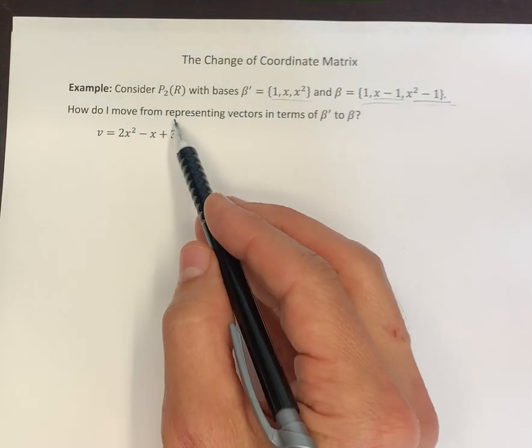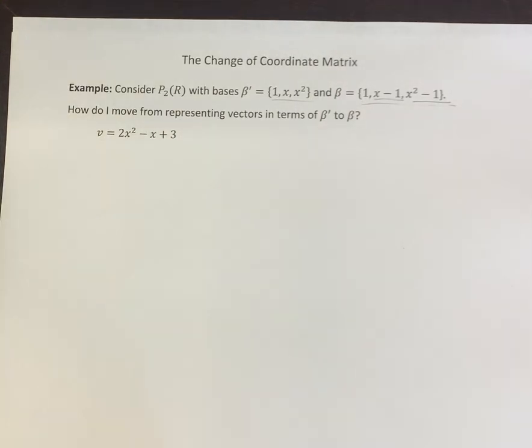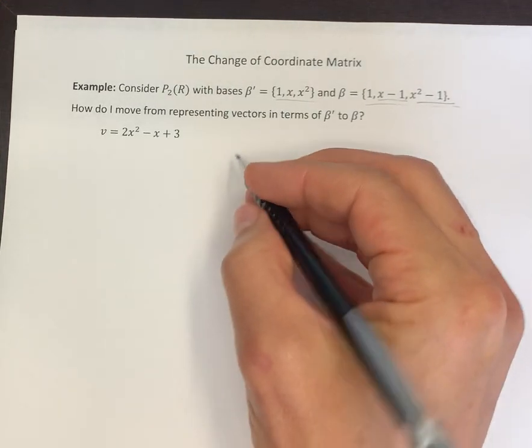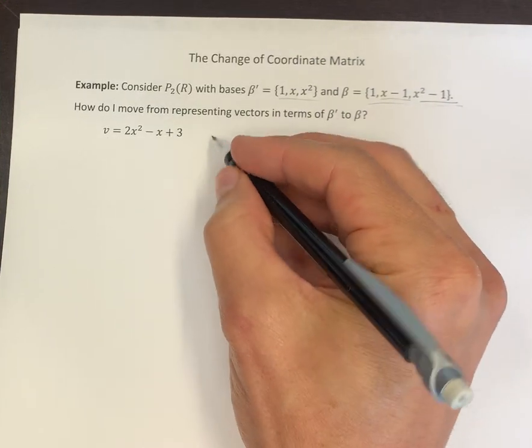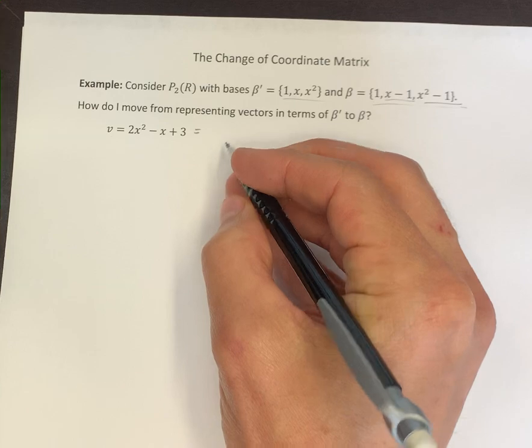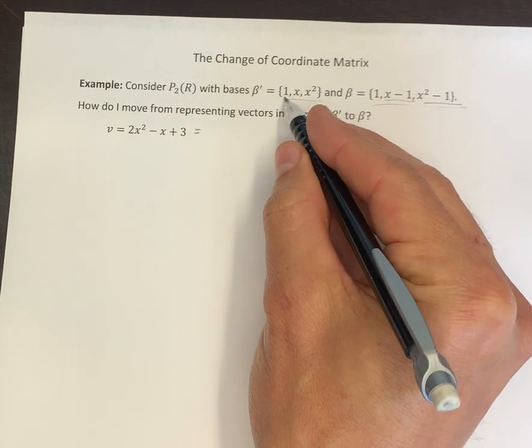And so how do you move from representing v in terms of one basis to another? And the answer is you need something called a change of coordinate matrix. So just to start with, you could think about v as being, right, obviously an ordered basis. You'd start with your first element.